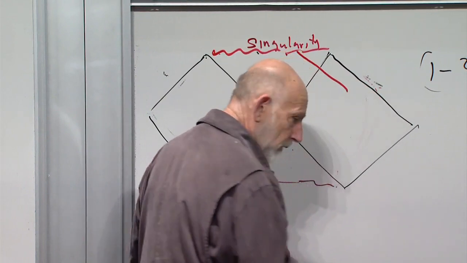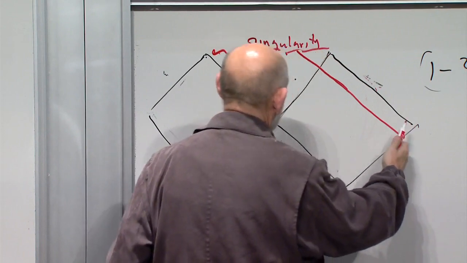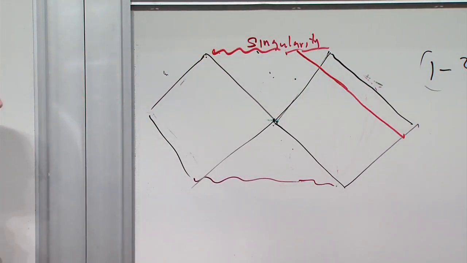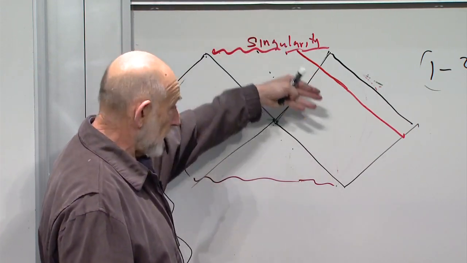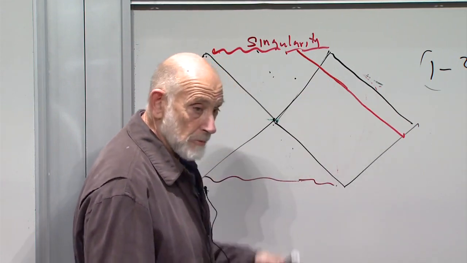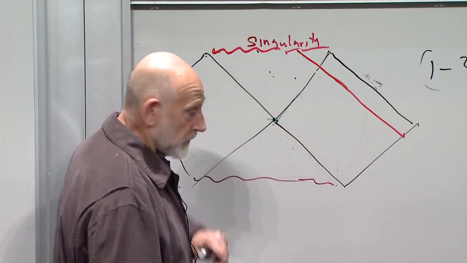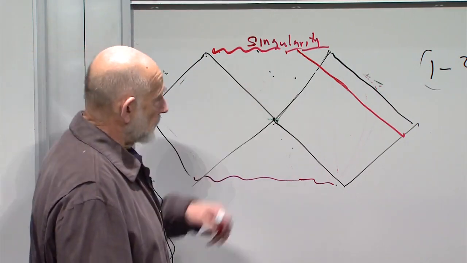I used blue before, so let's use red. Here's the incoming shell. It comes in, experiences nothing special at this point over here, and just keeps going. It's a light ray, a radially incoming light ray, so it must move on a 45-degree angle. It moves in and eventually hits the singularity. So that's what the light ray would look like on the Schwarzschild geometry.